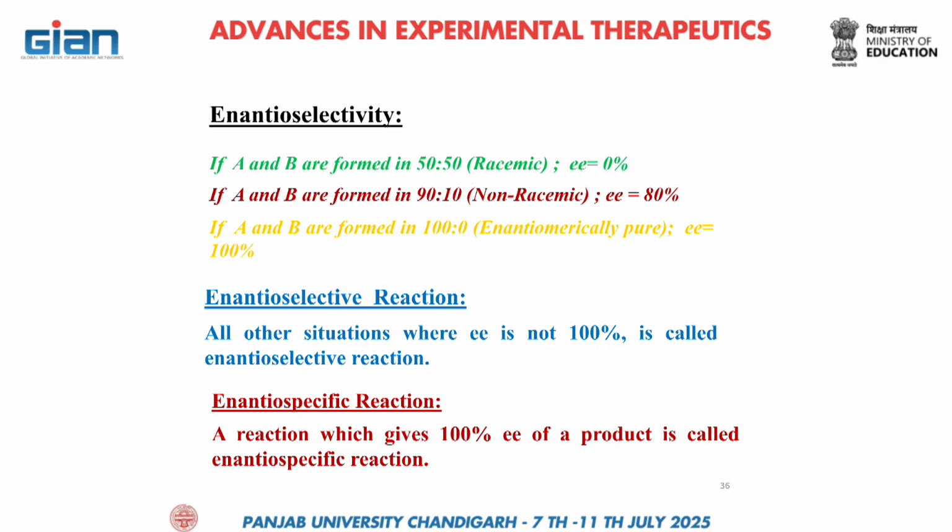So I ask the audience one question: which would you desire for your reaction, enantioselective or enantiospecific? Enantiospecific, because you are getting 100% of one type of product, so you need not separate it from the other enantiomer.